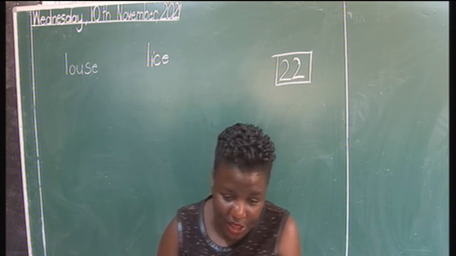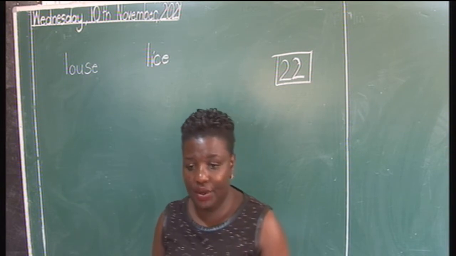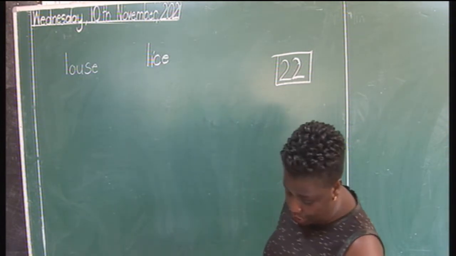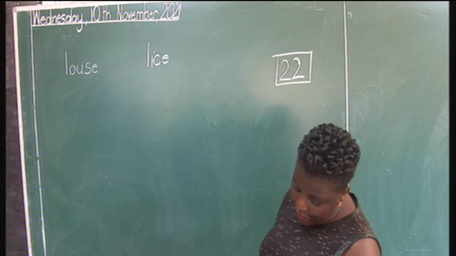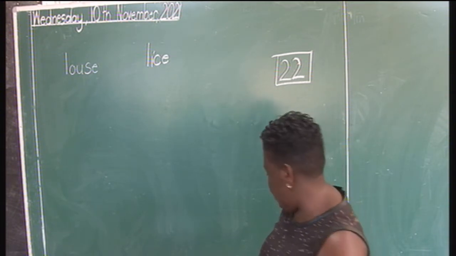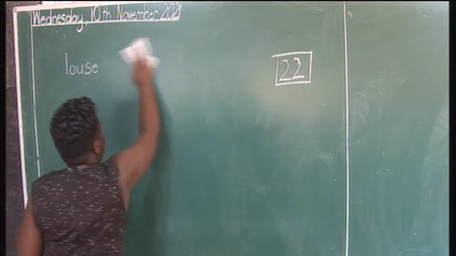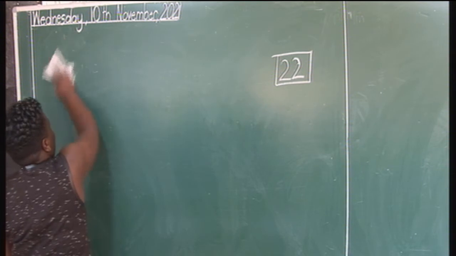Let's try to answer this together. Everyone get your writing material and write the answer for number 2. Let me also write mine on the board. A sentence begins with a capital letter, don't forget that.